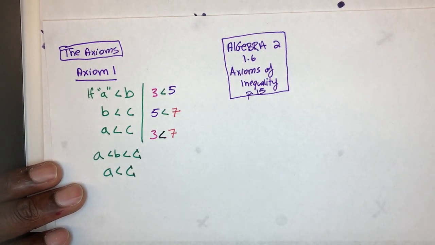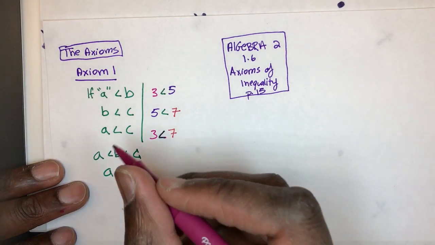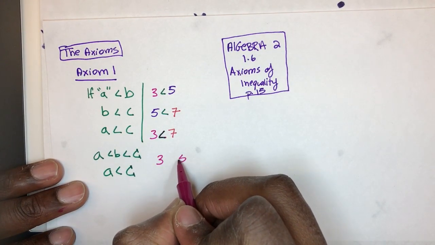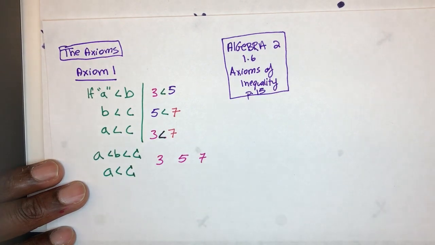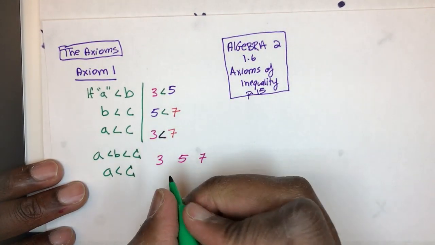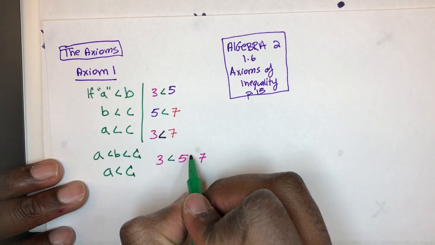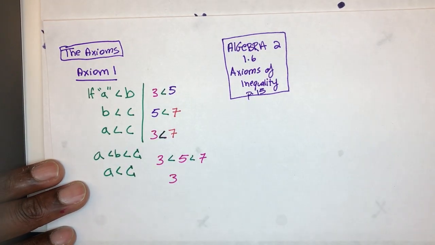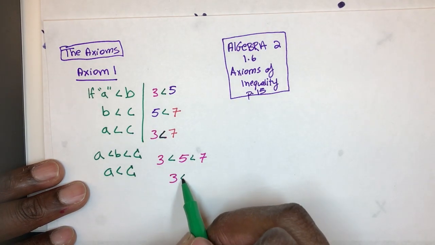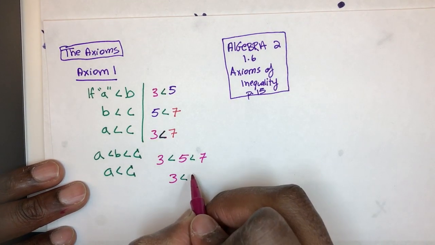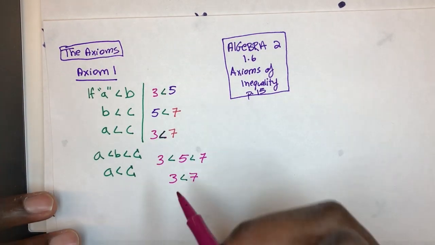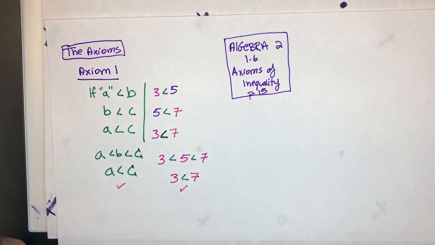Well, it's true on the other side, right? 3 is less than 5 is less than 7, or 3 is also less than 7. It just makes sense, and that's why it's an axiom, because it's factual and it's obvious. 3 is also less than 7. Okay? Makes sense.